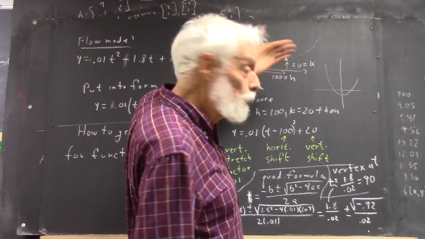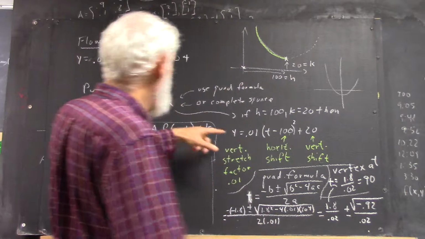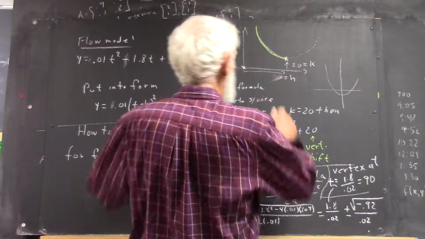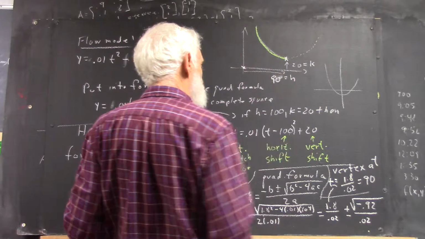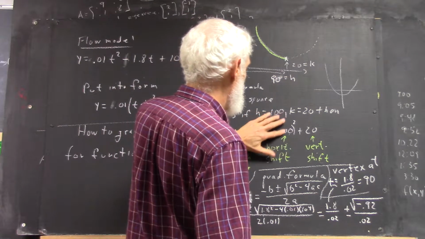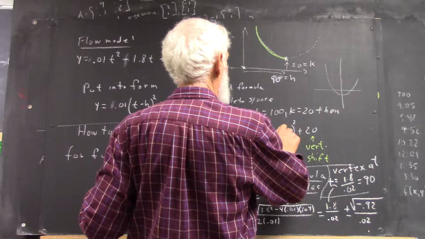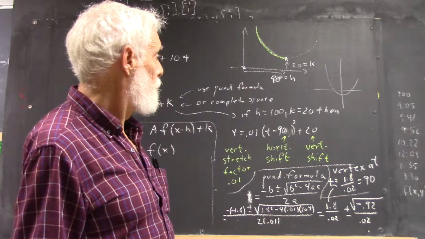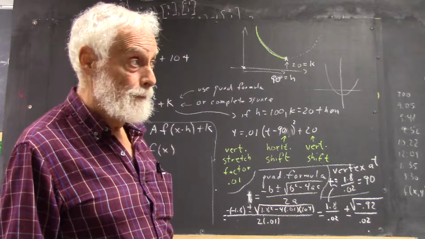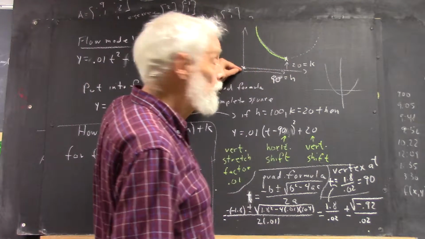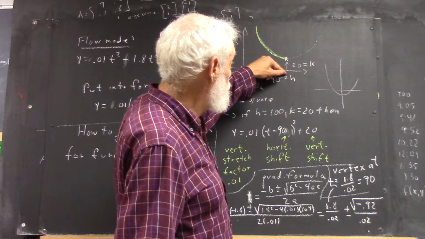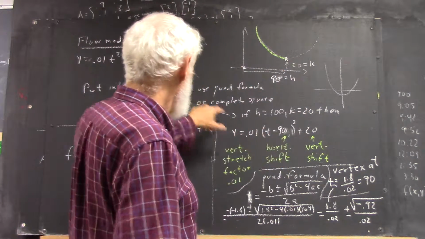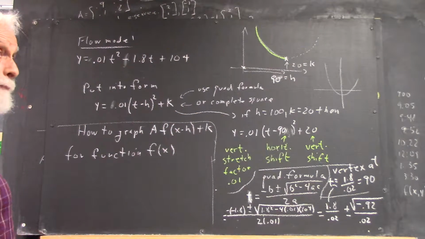Now from your data, it might look like it's 100, but if this is your model, this says the vertex is actually at 90. Well, what's that do? That changes this number to 90, and it changes this number to 90. Okay? Because that's where the vertex is. Vertex was here. We horizontally shifted it. The vertex is at x equals 90, and that's going to be our h in this transformation. Okay?